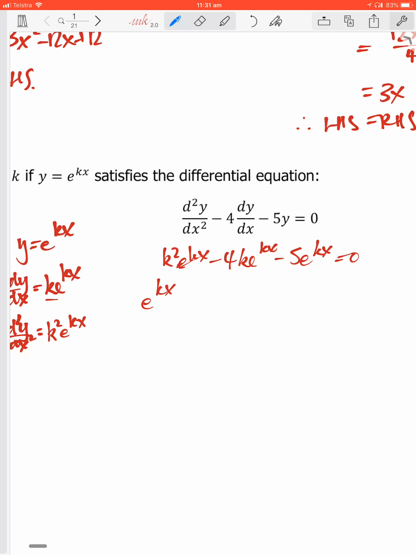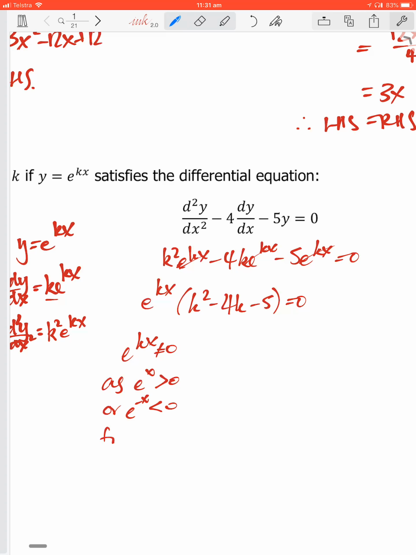e to the kx we can take out as a common factor. So we end up with k squared minus 4k minus 5 equals 0. e to the kx can never equal 0, as e to the x is always greater than 0 for all x, so it doesn't matter what k is. If k is negative, it's still greater than 0; if k is positive, it's greater than 0.